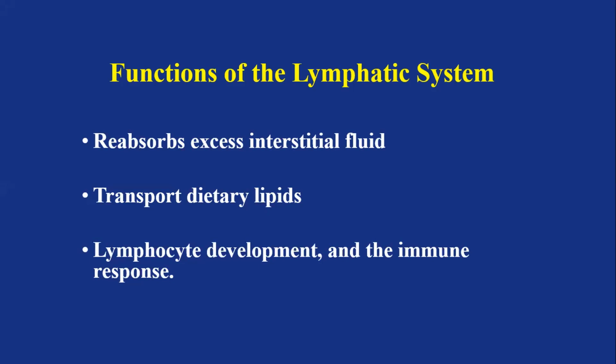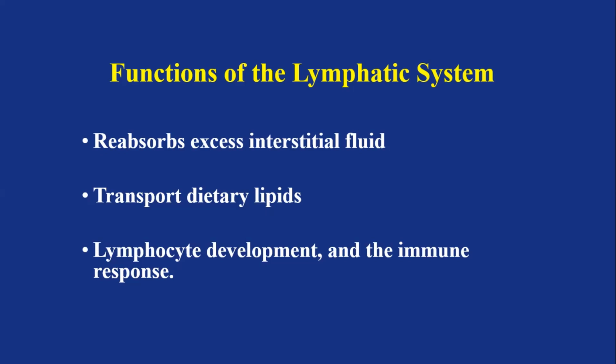The second function is to transport dietary lipids. In our small intestine, we have lacteals, so the transportation of lipids happens there. The third, which one of you already said, is lymphocyte development and immune response.